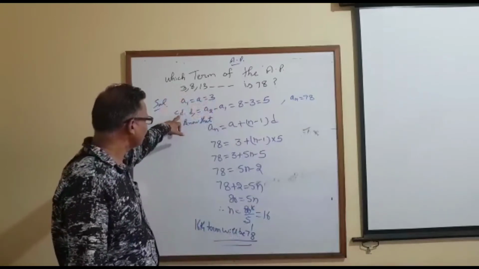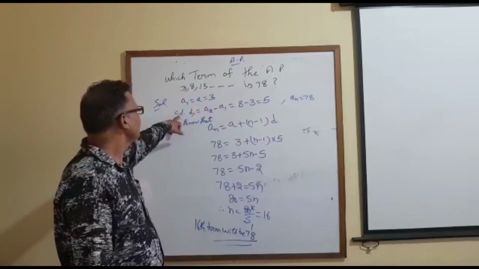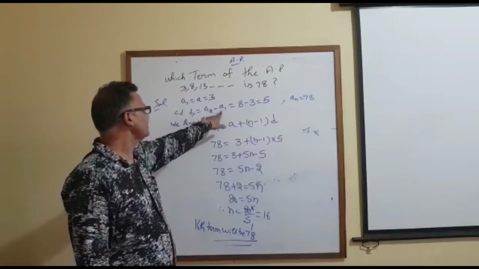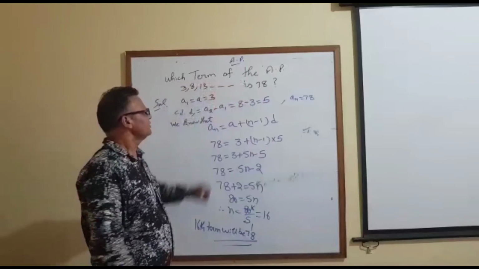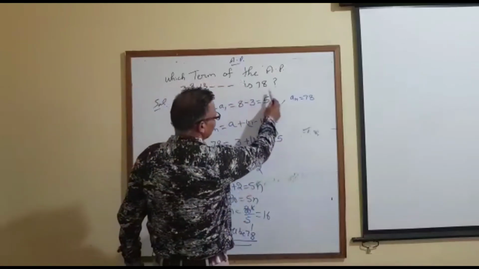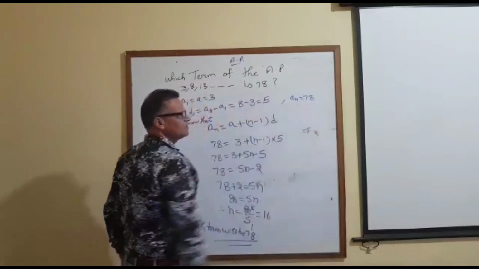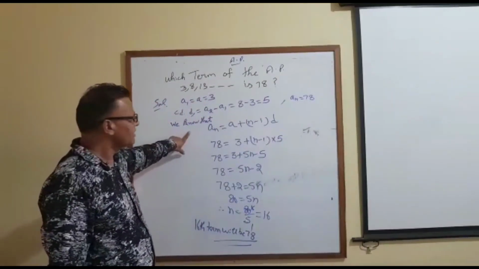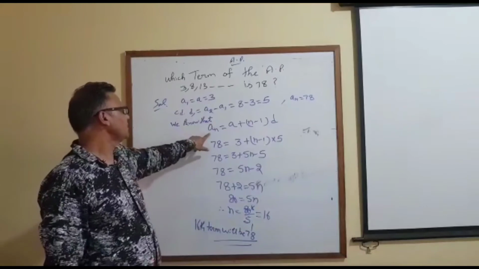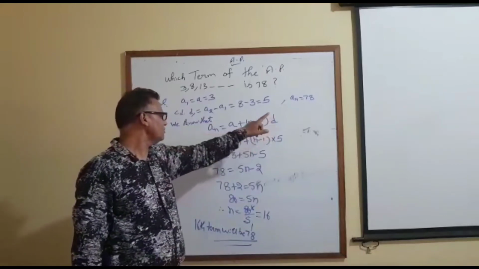After that, find the common difference using second term minus first term, and write the last term an, which is given as 78. Then apply the formula an is equal to a plus n minus 1 into d.